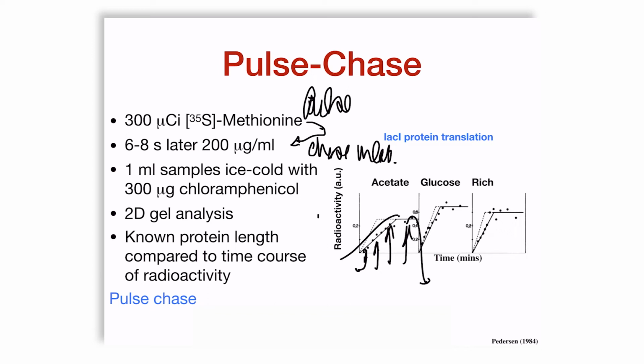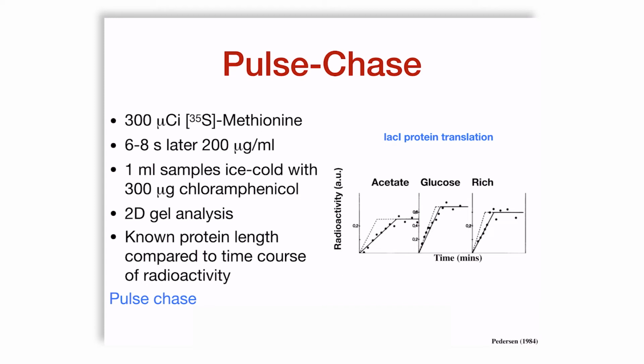And knowing the rate, that is to say the rate of increase of radioactivity per unit time, the slope, we get the translation rate. This is work described in 1984 by Peterson. This is the classic method of pulse chase.